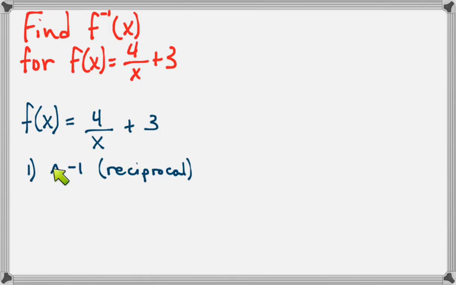So we could say that this is the negative 1 power, but really all we mean by that is that it's a reciprocal. So that's the first thing. Now the second thing is that reciprocal is being multiplied by 4. So that's the second thing in my list. And the third thing is we add 3 to the whole thing. So that's the third step in our list.